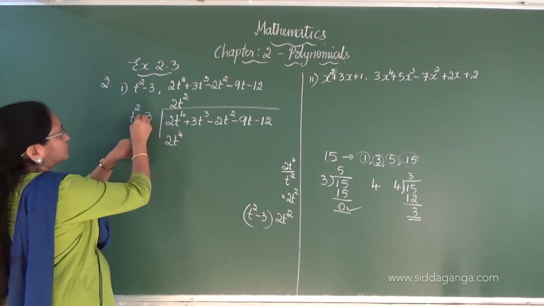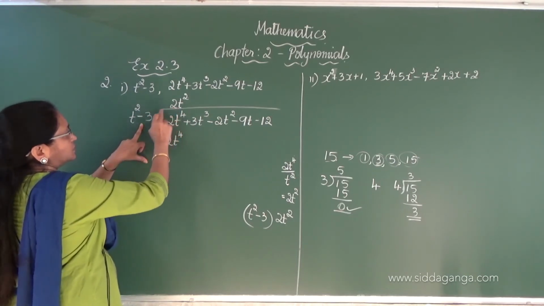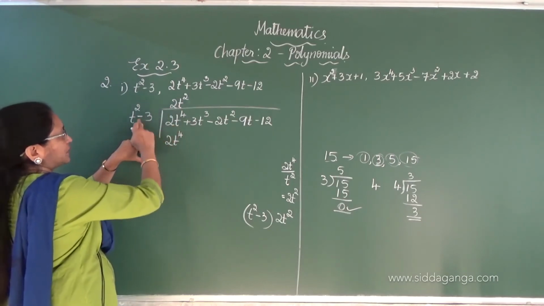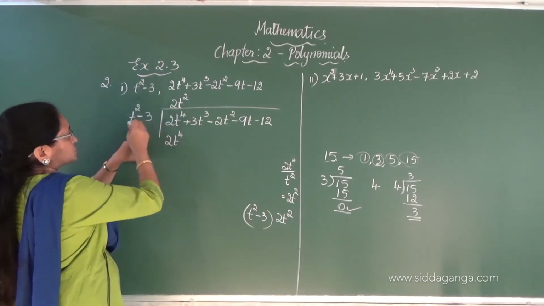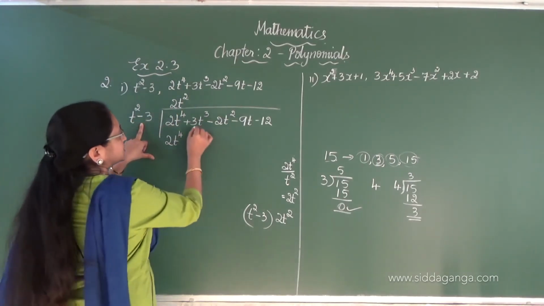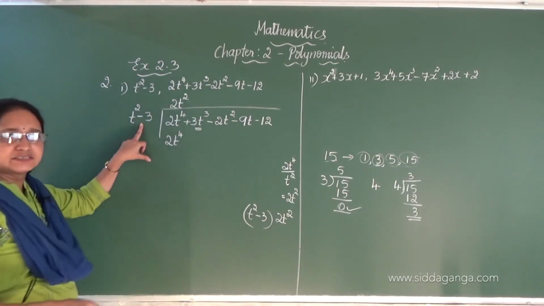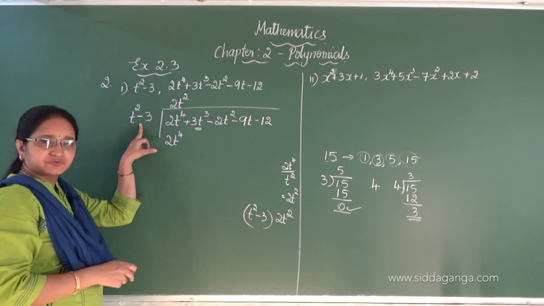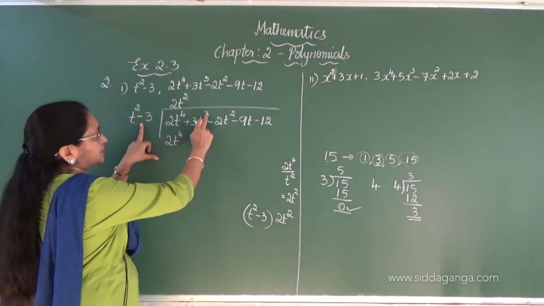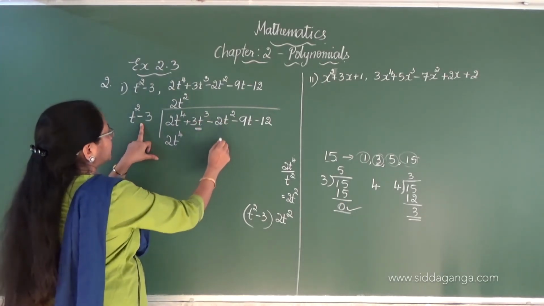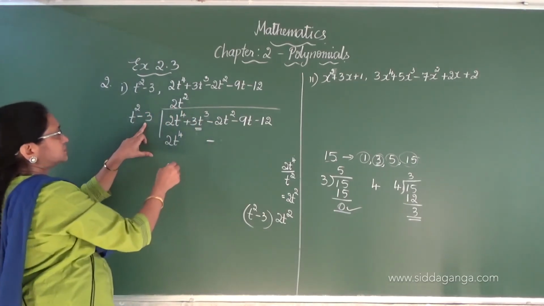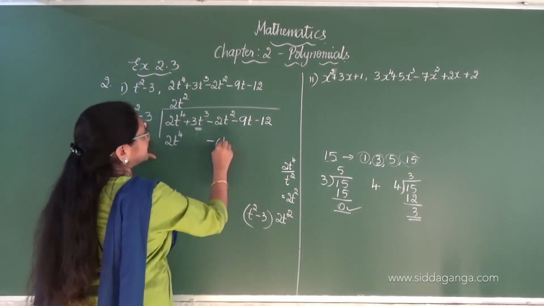Then minus 3 into 2t square, so 3 twos are 6t square, minus 6t square. You should observe carefully, here the degree is 3, the exponent of t is 3 here, so you can't write below this. So you have to write here, plus into minus, minus 3 twos are 6t square.